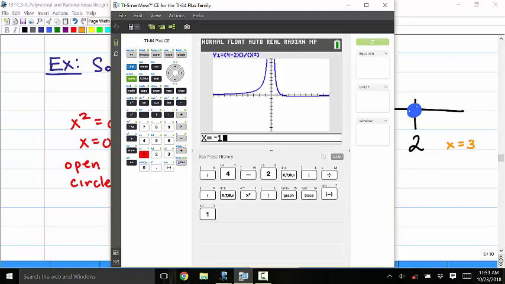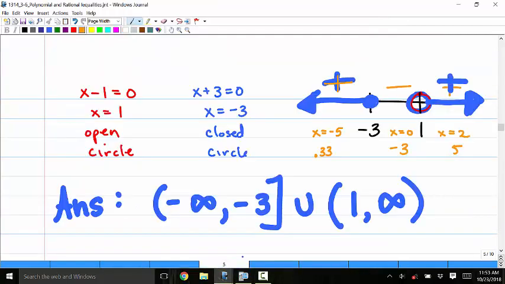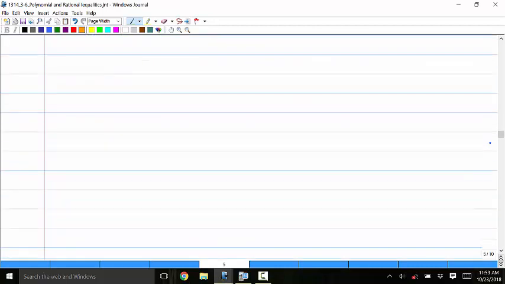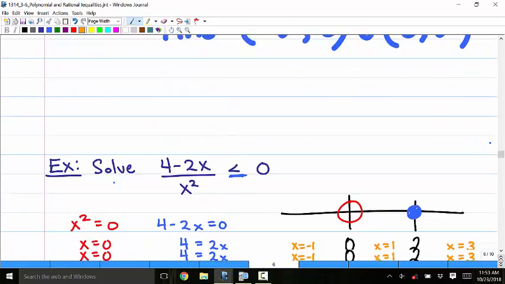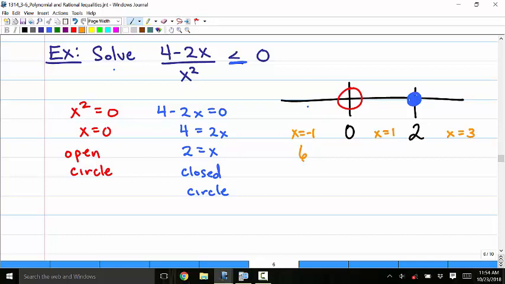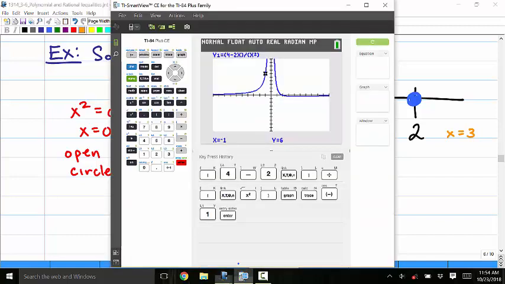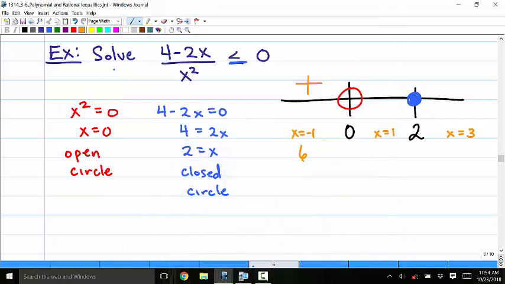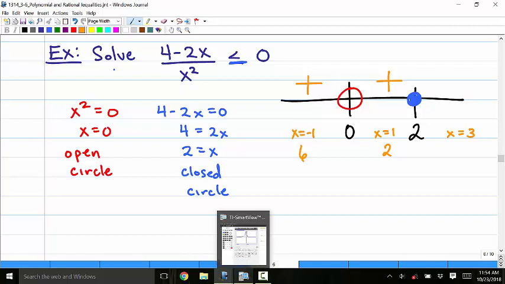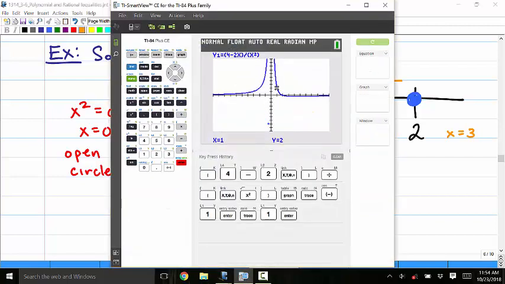If I type in negative 1 for x, I get positive 6. If I type in 1 for x, trace 1, enter, I get 2 for y. That's a positive, correct? Is that right? Yep. If I type in 3 for x, I get a negative 0.2.